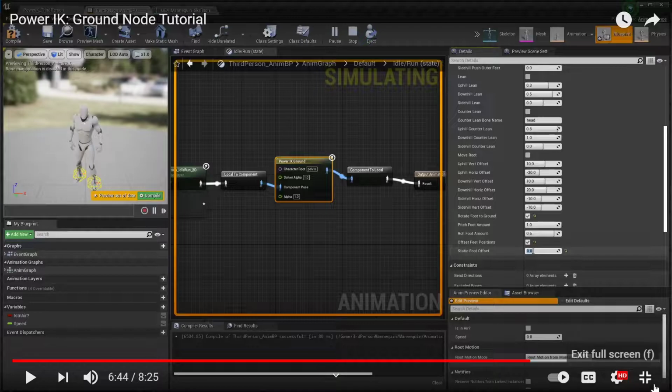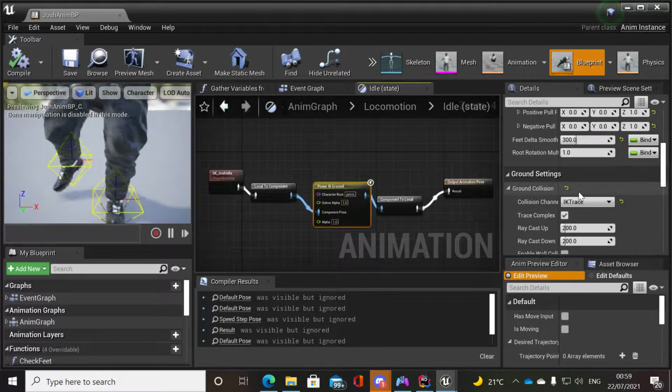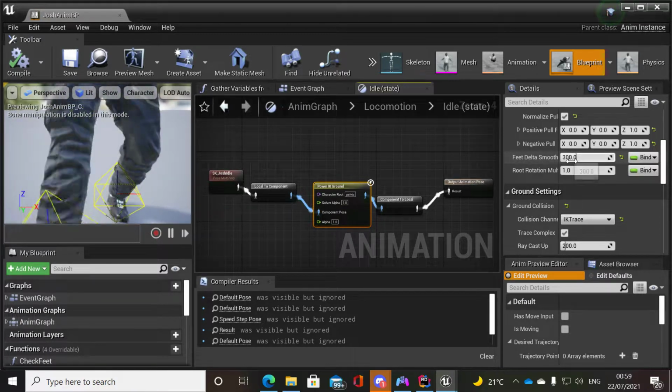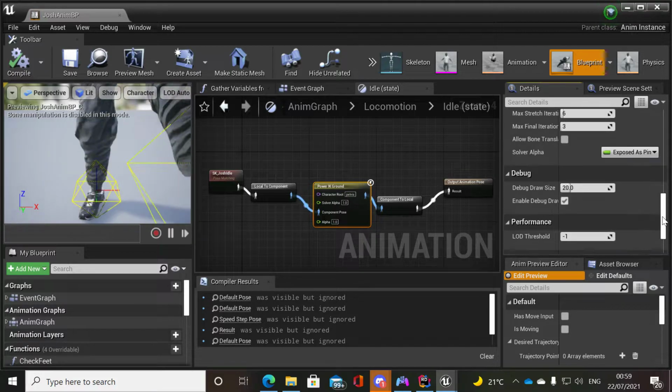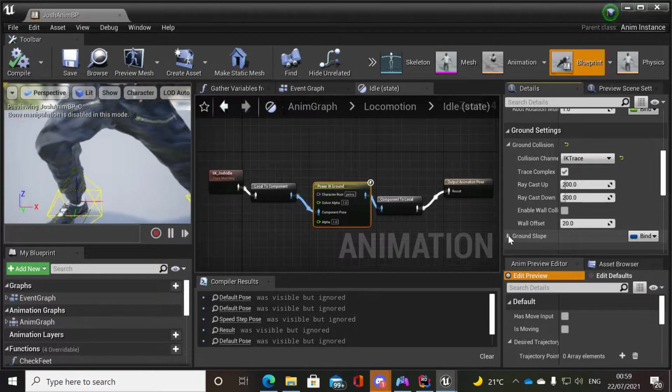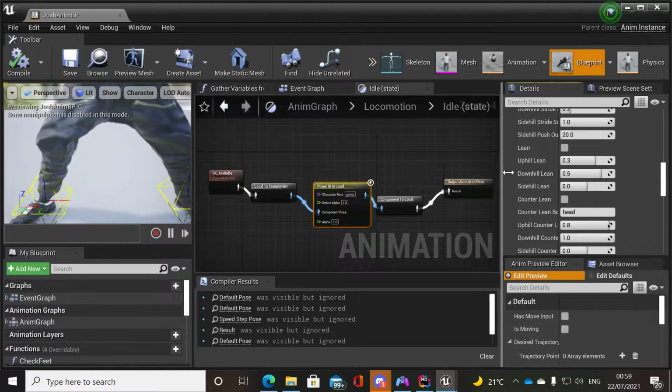Okay, so let's play around with that. There's a lot to experiment with here.